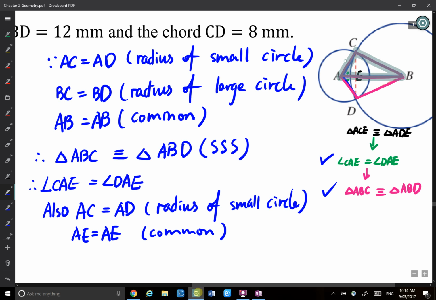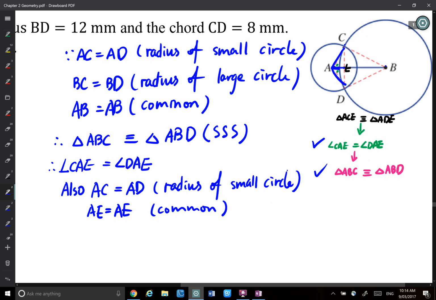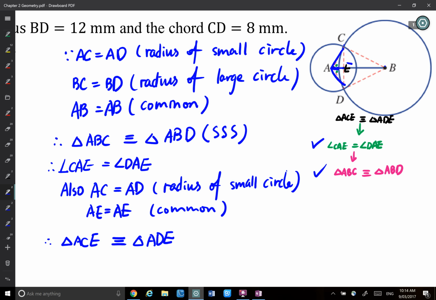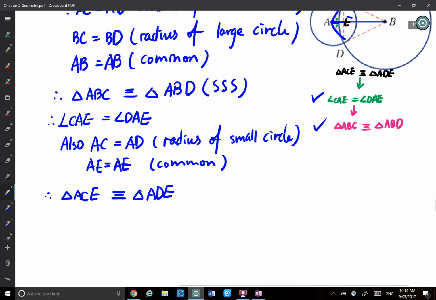So this one equals this one, the common one equals the common one, and the included angles are equal, which I just proved. So triangle ACE is congruent to triangle ADE.